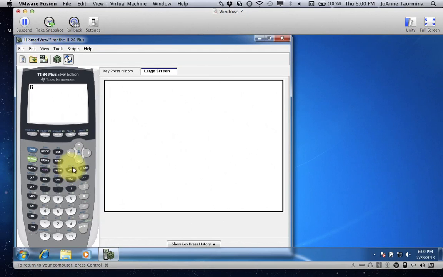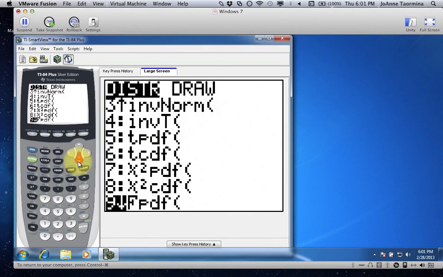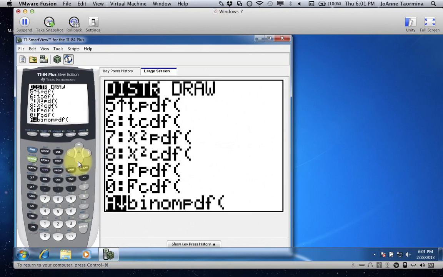Above VARS in blue letters it says DISTR. That stands for distribution. So we click that. We're going to scroll down to A. The other way that you can get to A is by scrolling up and around to the bottom.